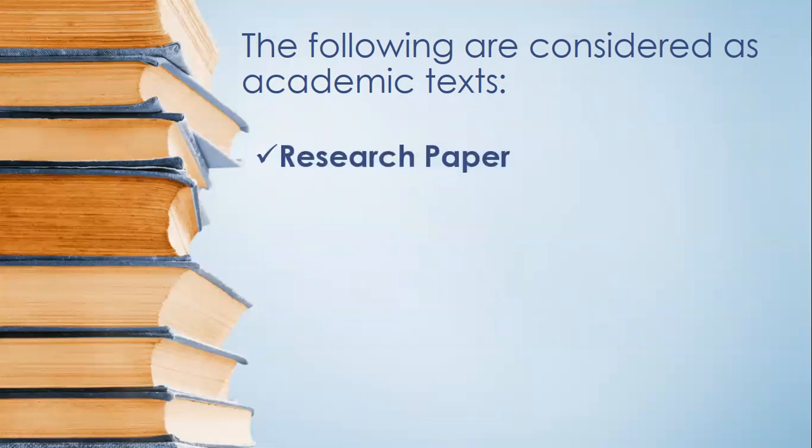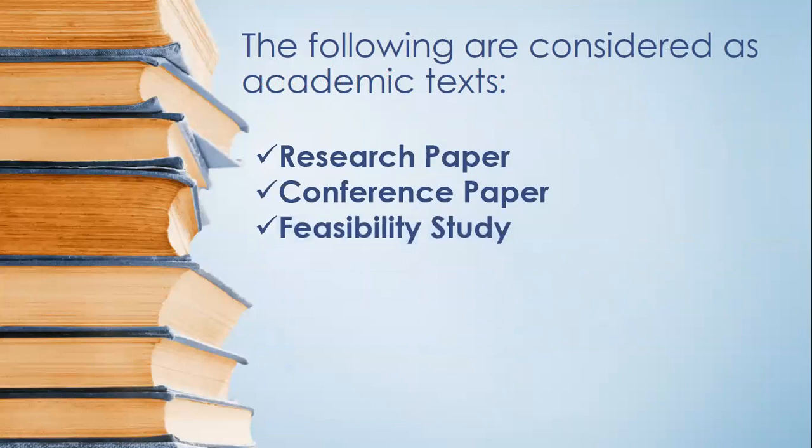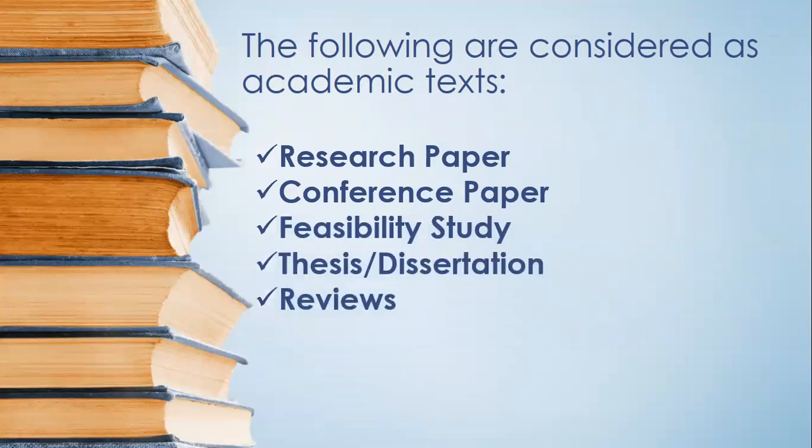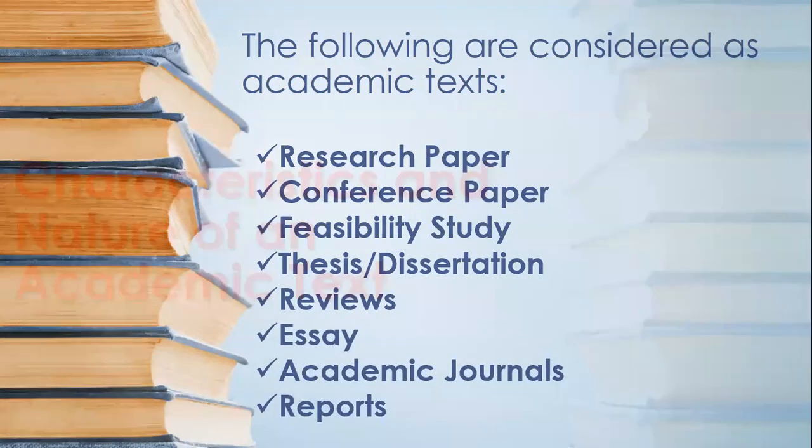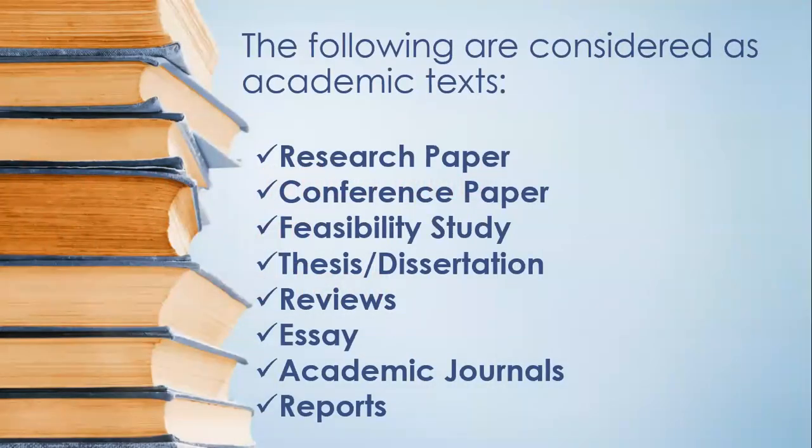We have research papers, conference papers, feasibility studies, thesis or dissertation, reviews, essays, academic journals, and reports. Okay? These are some of the many examples of academic texts that we can make use of, especially when we are doing our researches.